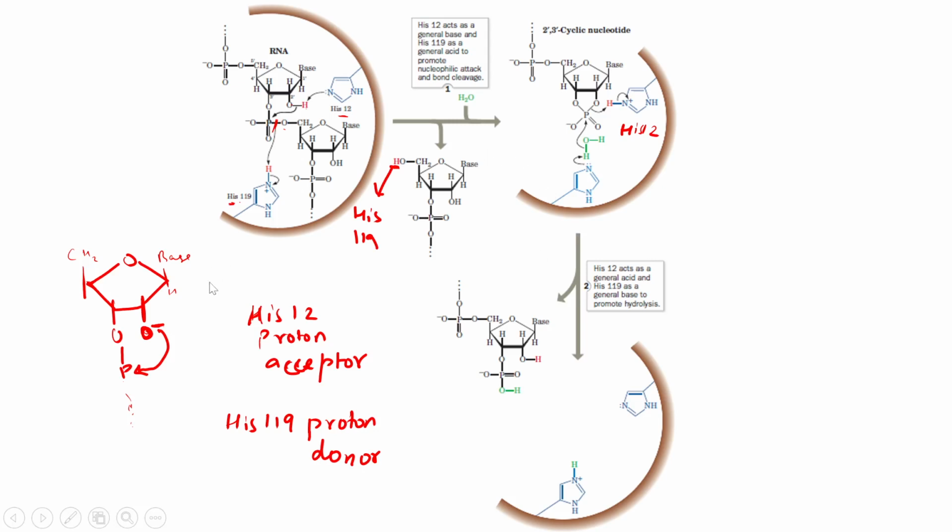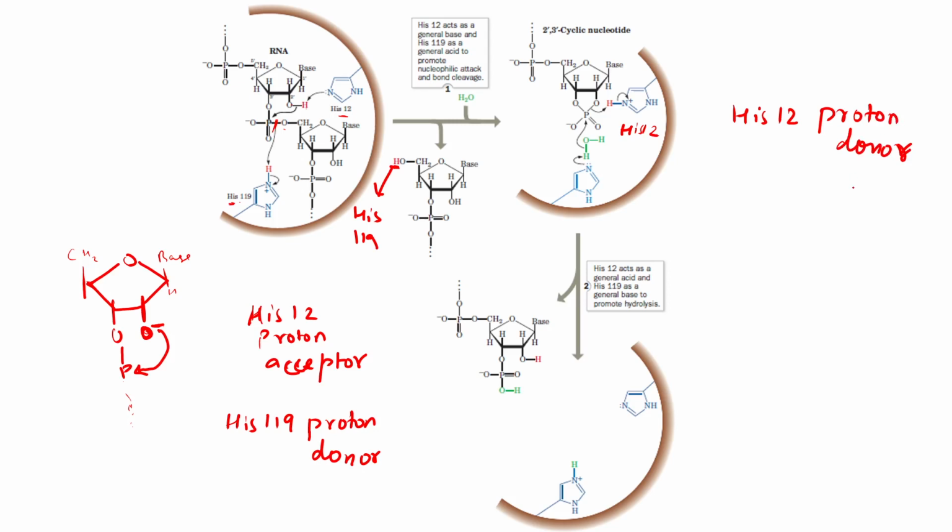Okay, so what was happening in the first case? Histidine 12 was proton acceptor and histidine 119 was proton donor. Once the cyclic intermediate has formed, in the second step what is happening? Histidine 12 now will act as proton donor because it already has the proton that it has accepted.